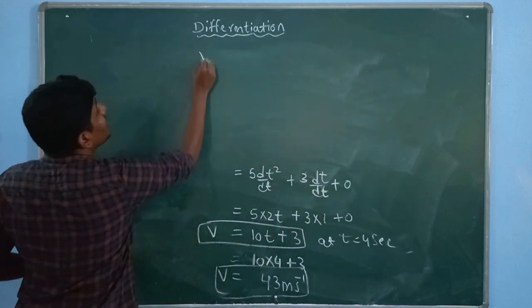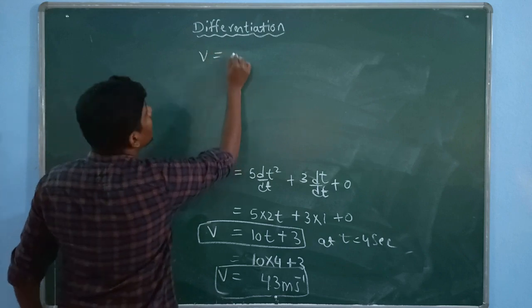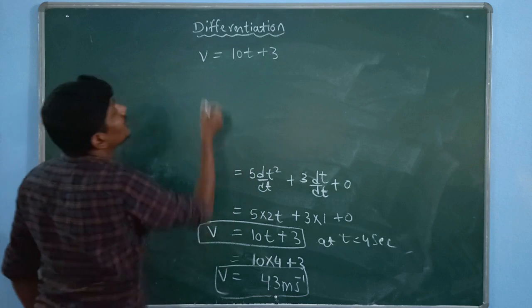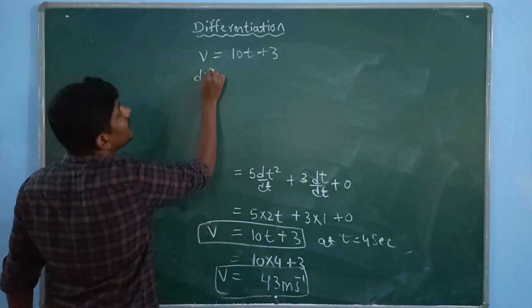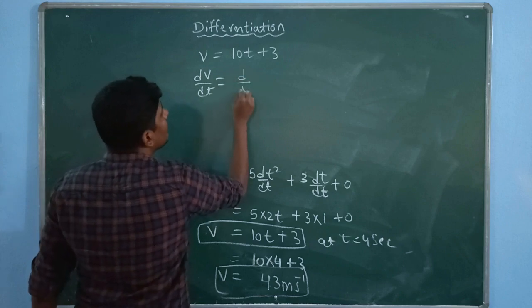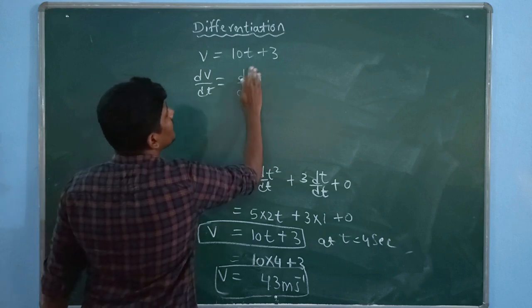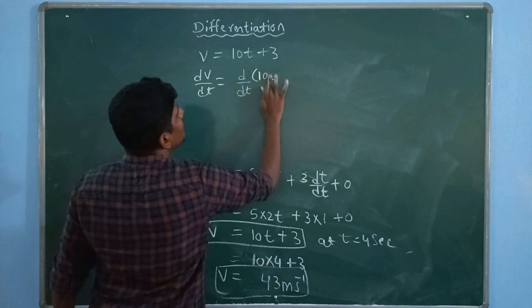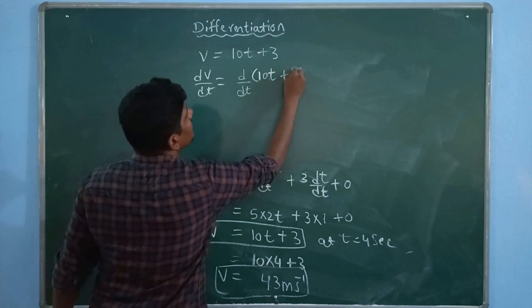So v is the function now. v equals 10t plus 3. Correct. So differentiate this. How to differentiate? dv by dt equals d by dt in bracket 10t plus 3.